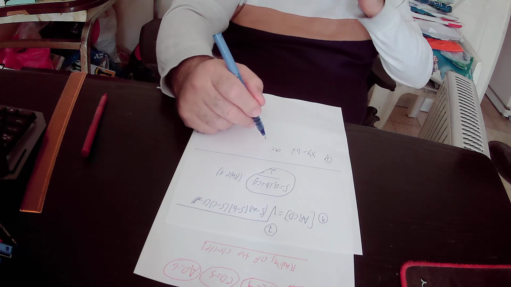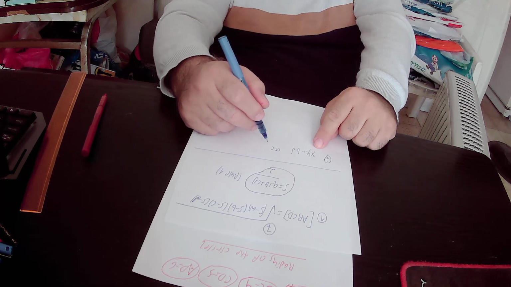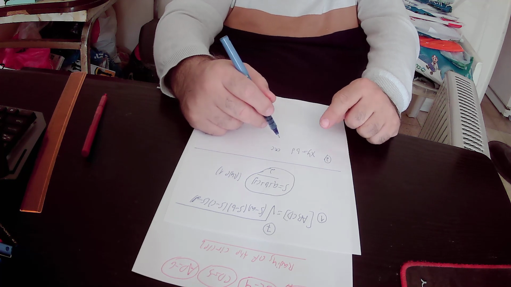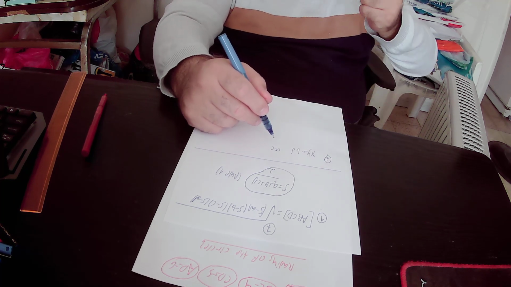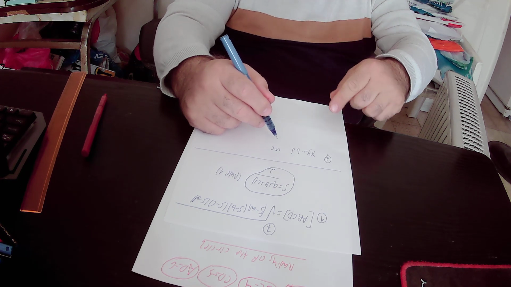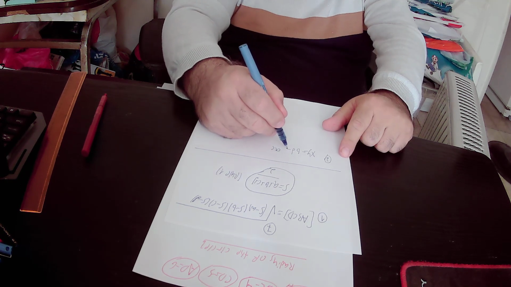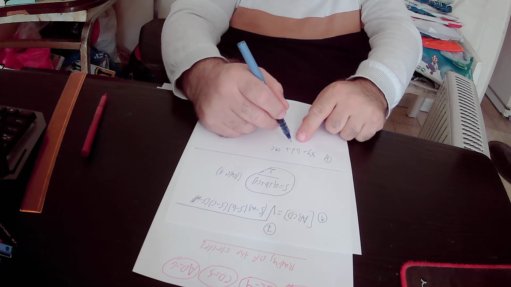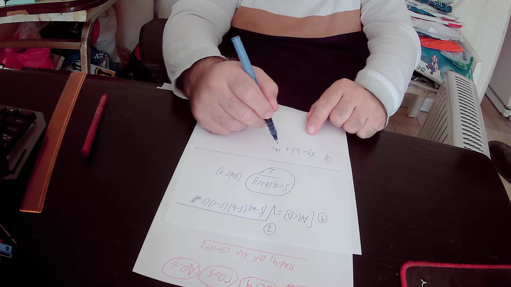According to rule number 2, the product of its diagonals, X times Y, equals the sum of the products of its opposite sides, which is BD plus AC, because the first product is BD and the second product is AC.